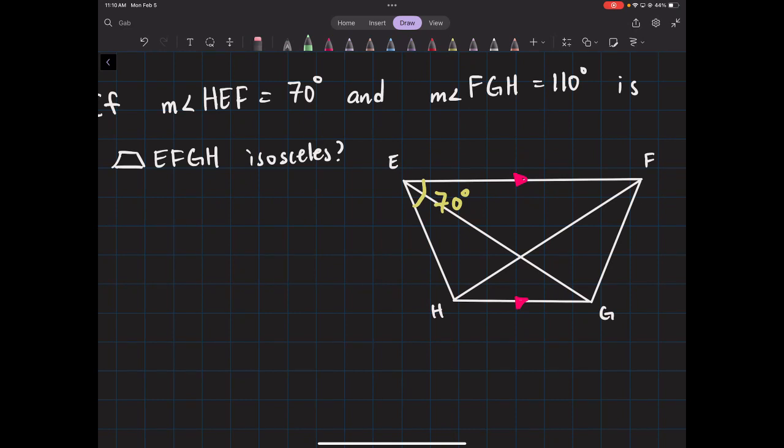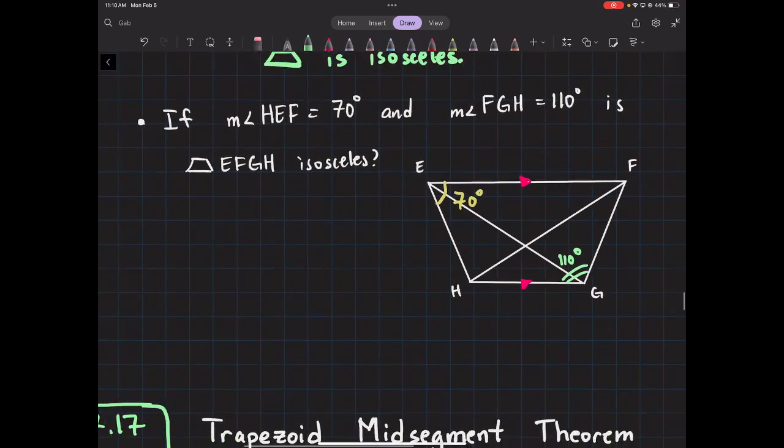The other half, right here? What is it? FGH? Right here? 110? Okay. How do we know it's isosceles? They added to 180, and then what theorem told you that? 7.14.